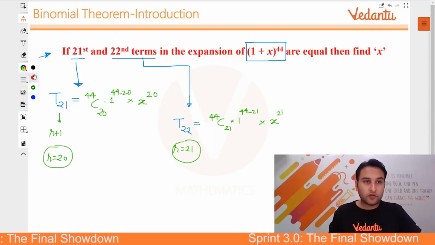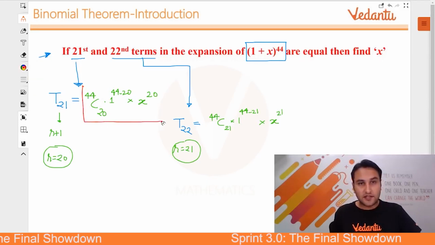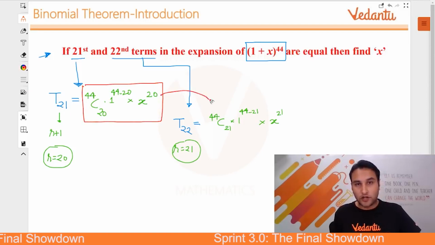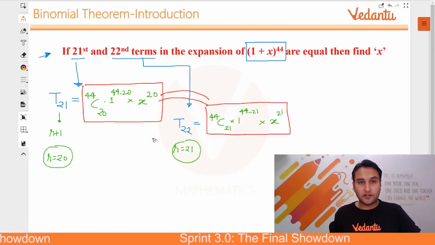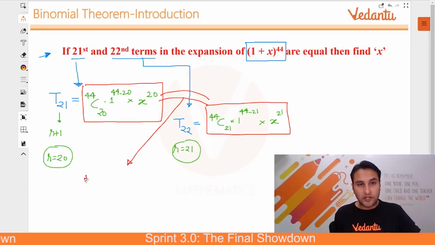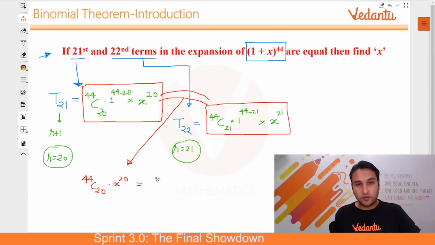Cool. What is the question saying? Question says this is equal to this. Equate them. When you equate these two, what will you get? You will get 44C20 into x raised to power 20 is equal to 44C21 x raised to power 21.